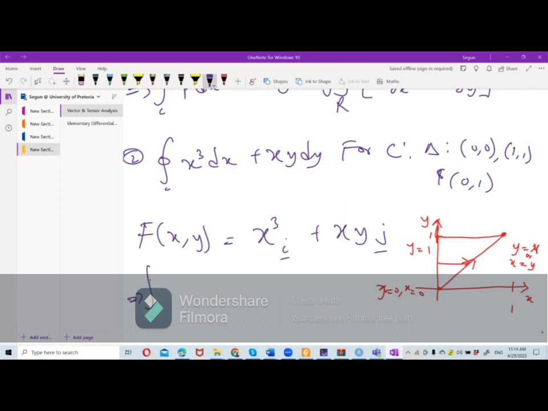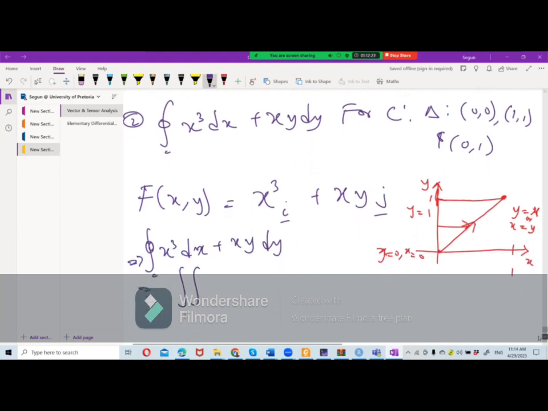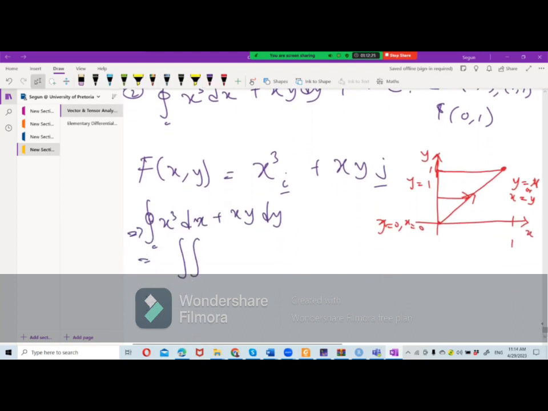Remember, the integration over this closed curve, x raised to power 3 dx plus xy dy, is equal to the double integral. Who can tell us what would be inside this place based on the formula?